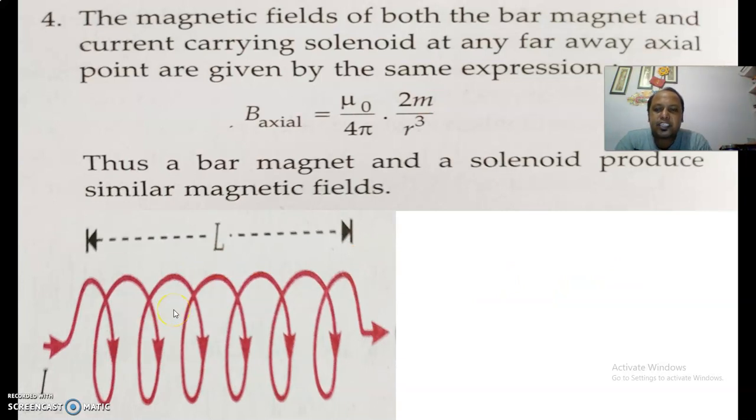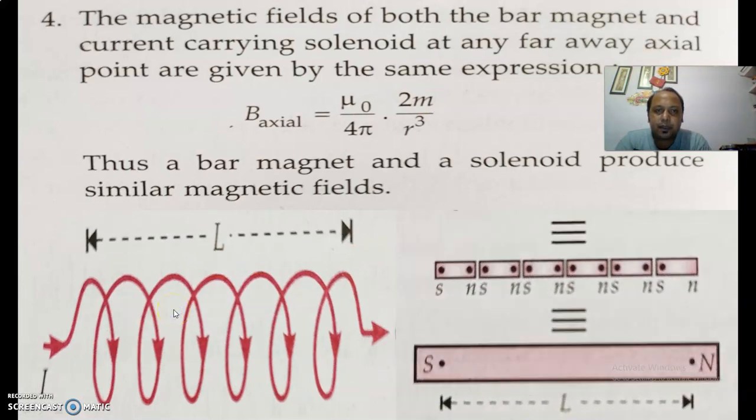Now here we take a solenoid, and this solenoid can be represented as having many turns. If we take a single turn, then in each turn it has one face as the south pole and another face as the north pole. The next turn, you can see again the south pole on one face and the north pole on the other. In this way, we can consider it to be small bar magnets having south and north, again south and north, and it continues.